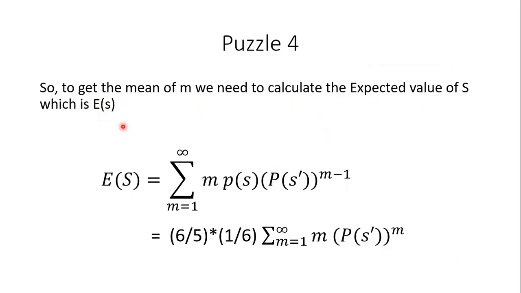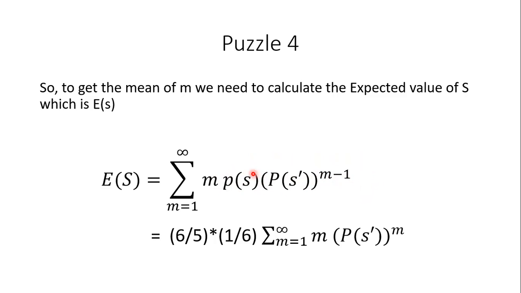By definition, the expected value is the sum of the product of the value of the event and the probability of the event. Here the value is m, and the probability is P(S) times P(S bar) to the power m minus 1.